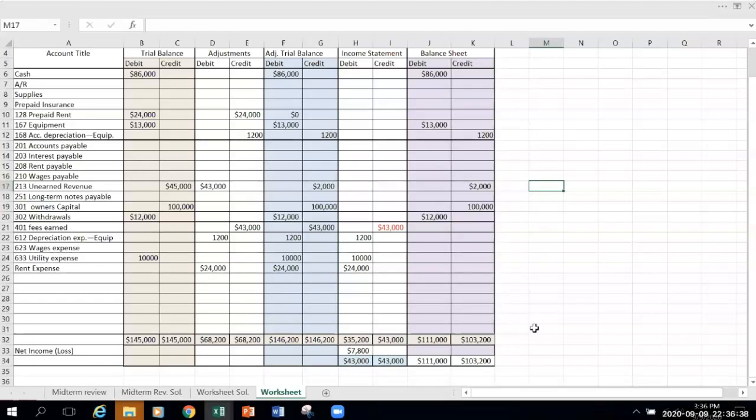And this is the very important part of this worksheet. This is the last moment that you check your own work. So watch carefully what I am doing and what I'm saying. Ready? Let's go. Here, first thing, look at your net income. Is it a positive number or it's a net loss?